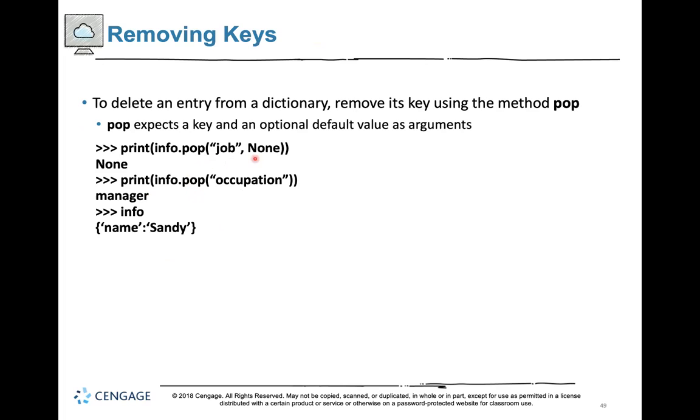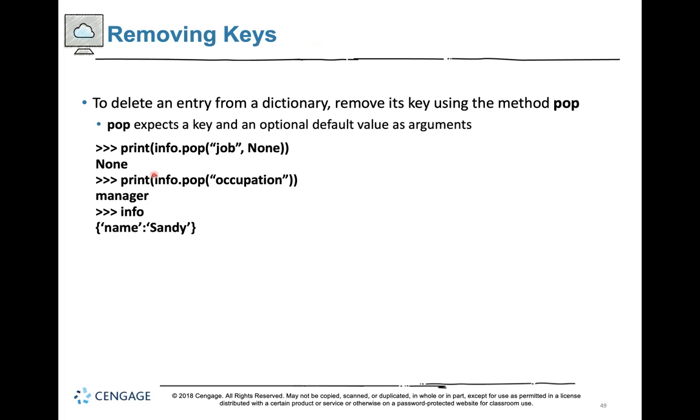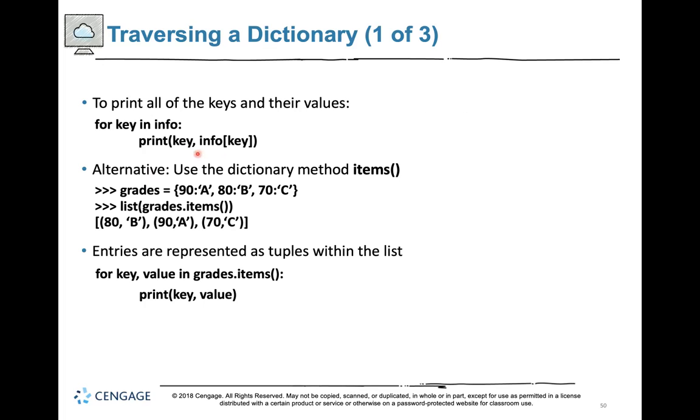But by providing a default value using pop, you're not getting an error. You will get your default value if it doesn't exist. That's the advantage here. In fact, this is for removal. If you want to retrieve the value under a key, there's another method called get. We're going to see some examples soon.